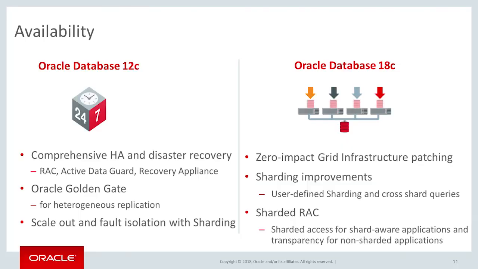We've improved sharding capabilities by giving customers the ability to define their own sharding to decide which shard goes where, and we've also improved the speed of executing queries across different shards. Another key introduction with Oracle Database 18c is what we're calling sharded RAC. We're now able to take existing RAC applications and dynamically direct different users to different servers in a cluster to get better balanced utilization across all servers in a cluster.